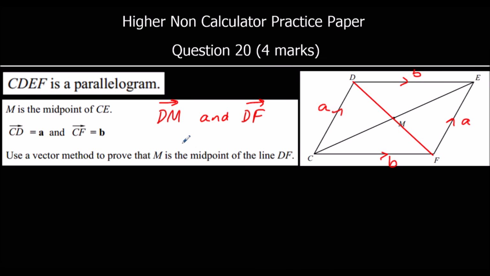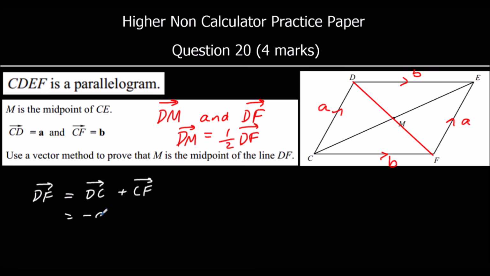D to M should equal half of D to F. So let's work out D to M. Well, let's do D to F first because it's easier. So D to F is just D to C and then C to F. So down there and along there, which is minus A plus B.